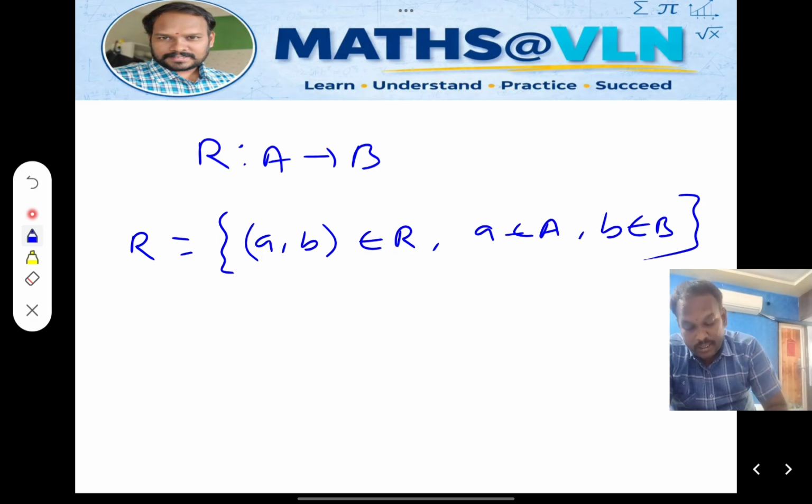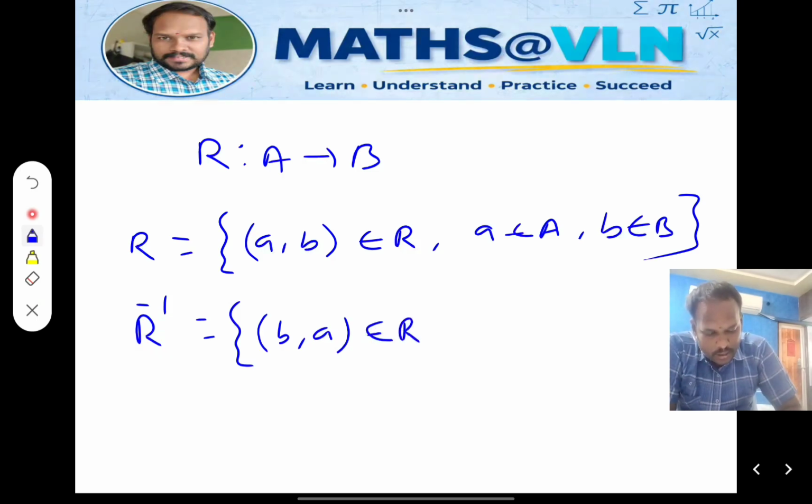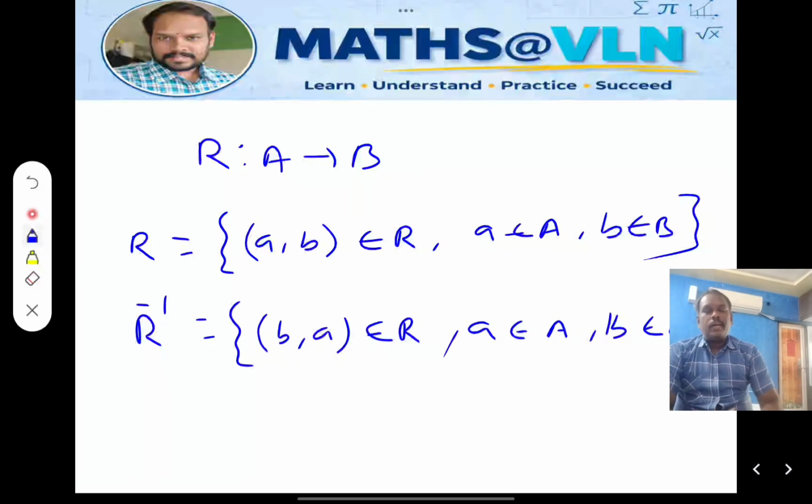Now inverse relation means R inverse is (b, a). So the domain becomes range, range becomes domain. (b, a) belongs to that relation where a belongs to A, b belongs to B only. So this we call an inverse relation.